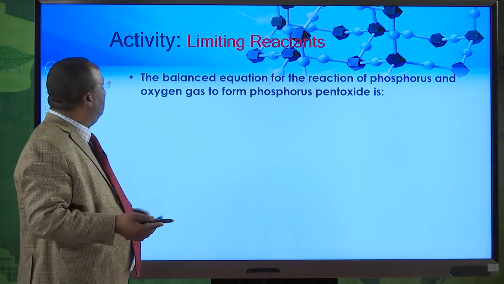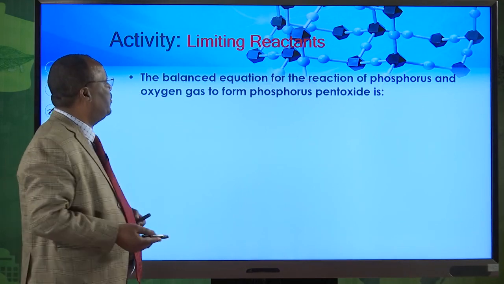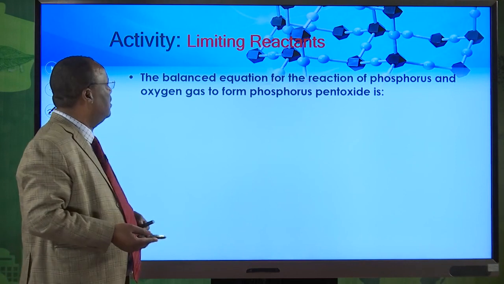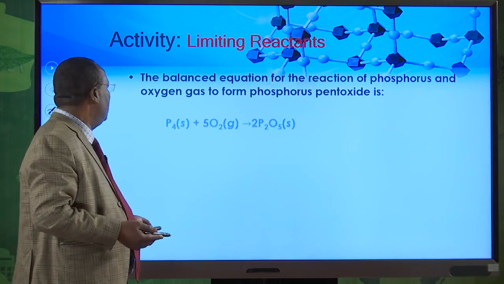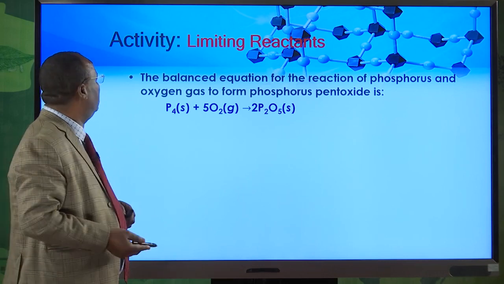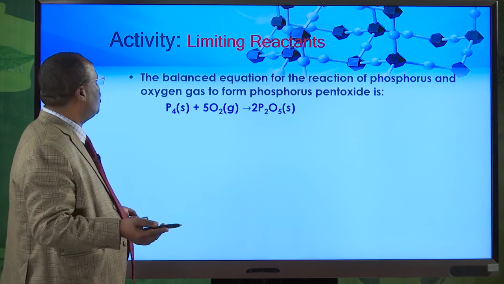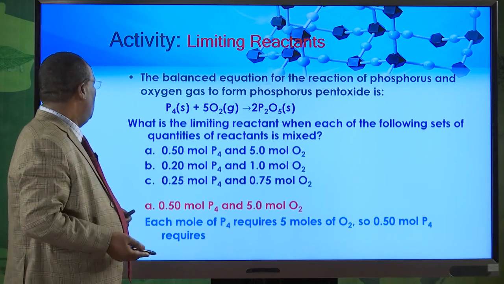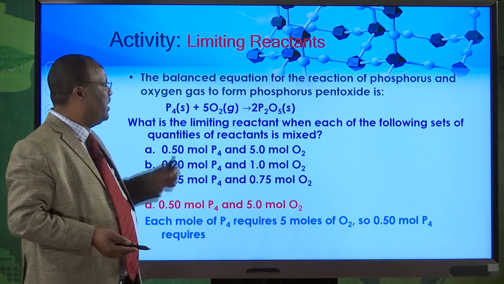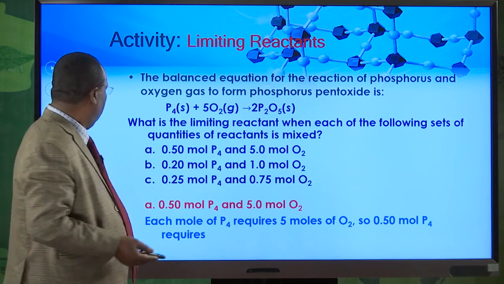Let us do an activity. The balanced equation for the reaction of phosphorus and oxygen gas to form phosphorus pentoxide is this one. This is the chemical equation for the reaction between phosphorus and oxygen that gives us phosphorus pentoxide. What is the limiting reactant when each of the following sets of quantities of the reactants is mixed?